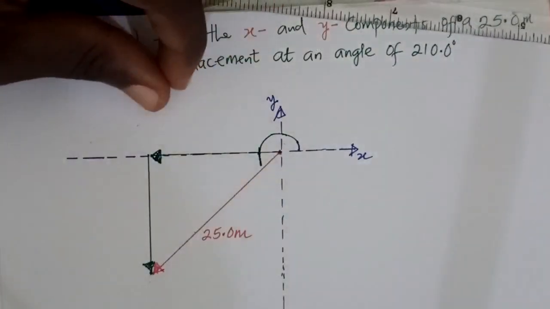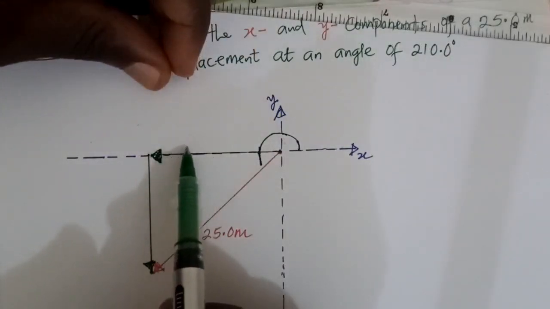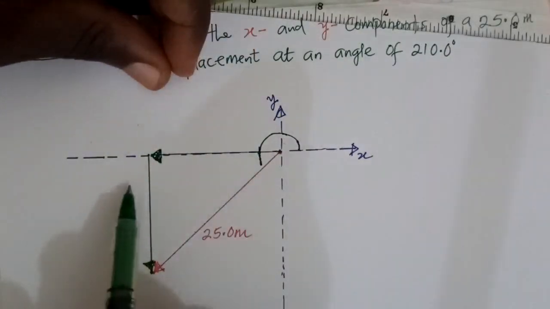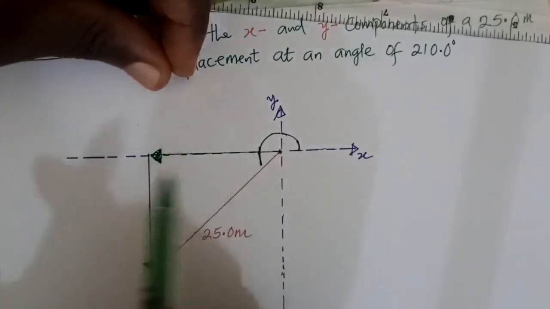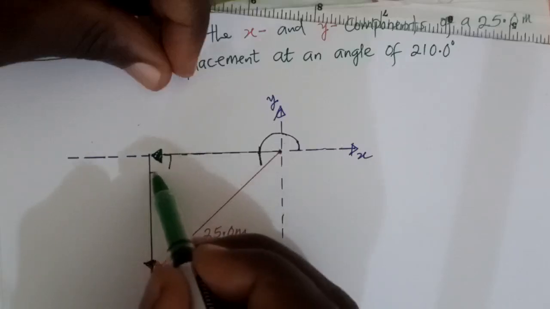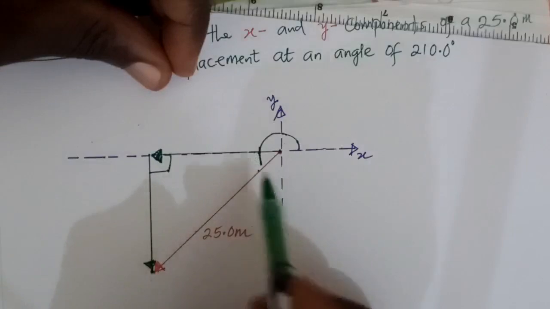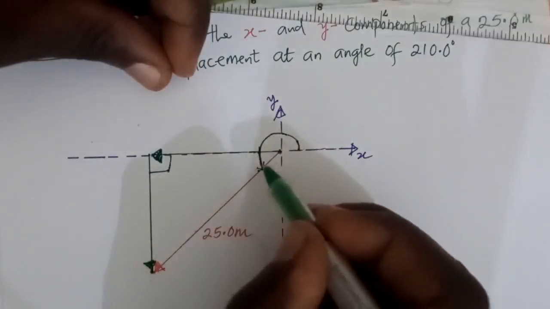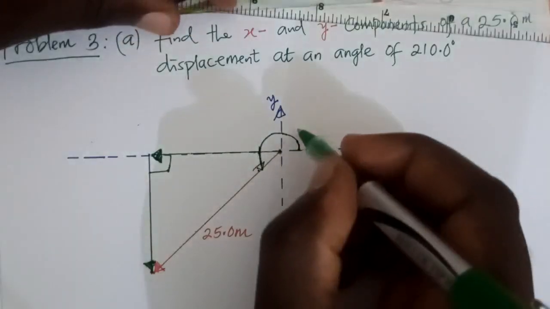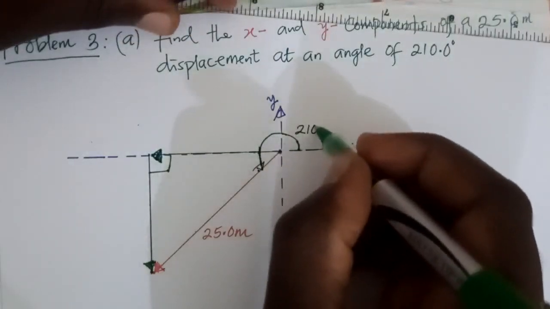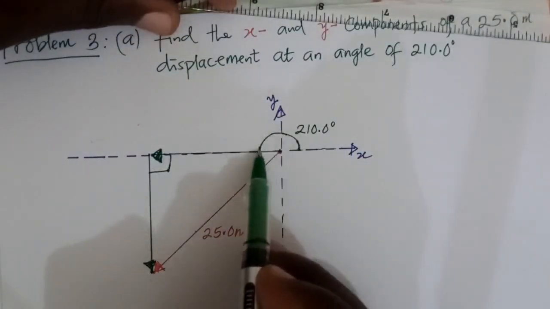Okay, now how do I get the value for my horizontal component and for my vertical component? I need the small angle here, because what I have here is a right angle triangle. So I need to know this small angle. I know that from what I am given, from here all the way to here is 210.0 degrees, but I also know that from here to here is 180.